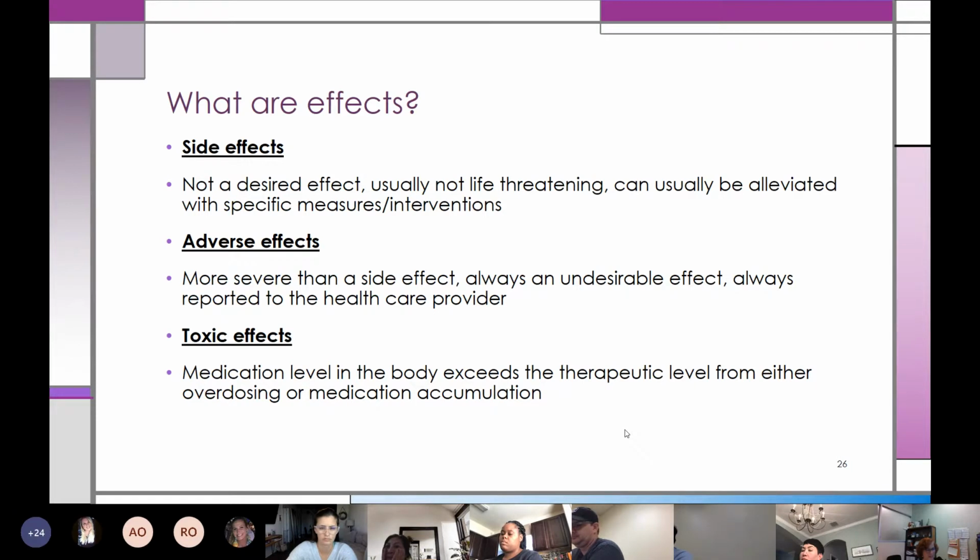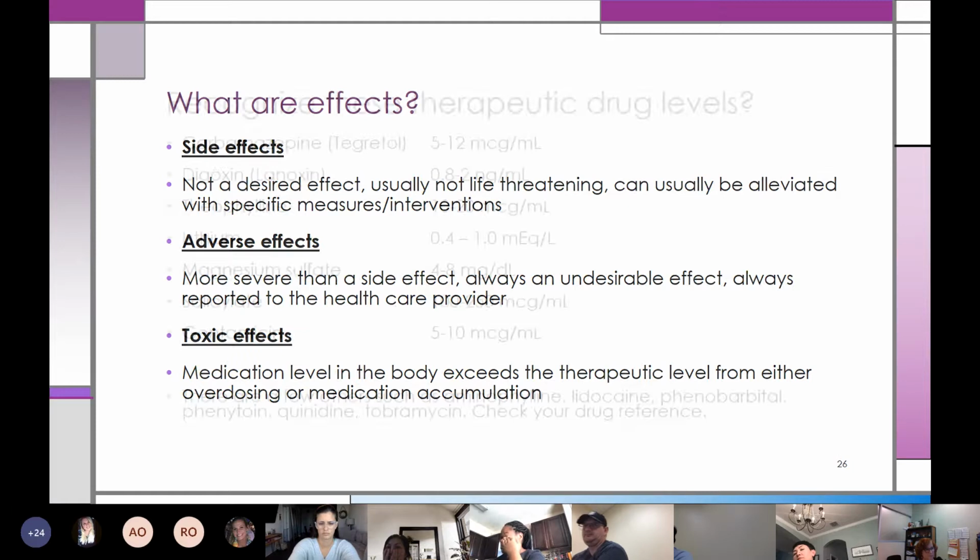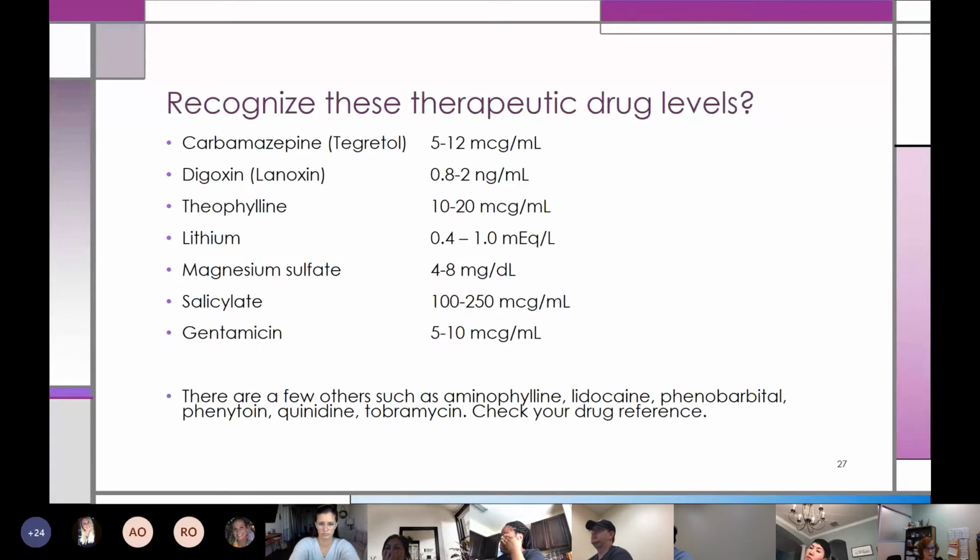And usually we talk about toxic effects if there's some type of therapeutic level, and you need to be able to recognize therapeutic drug levels. There are some of the common ones, but you don't necessarily have to memorize every word or every number. Just know, for instance, if a patient is on Lanoxin, or digoxin, and the level is maybe 4 nanograms per mL, we do know that's going to be a toxic level.